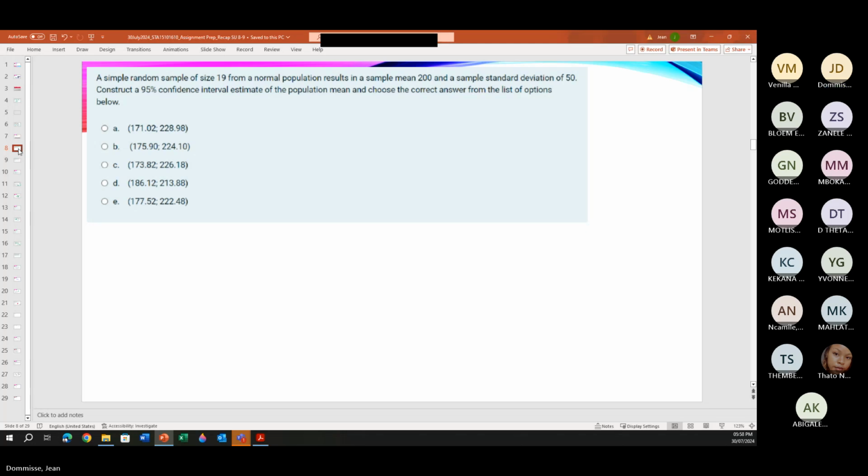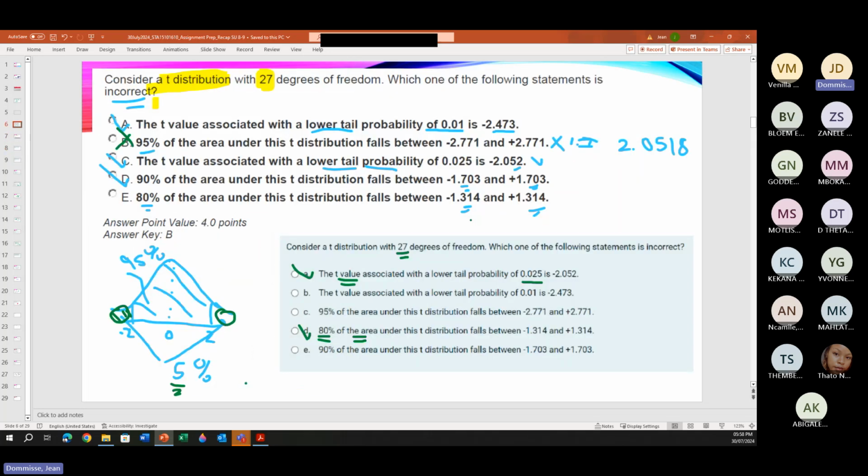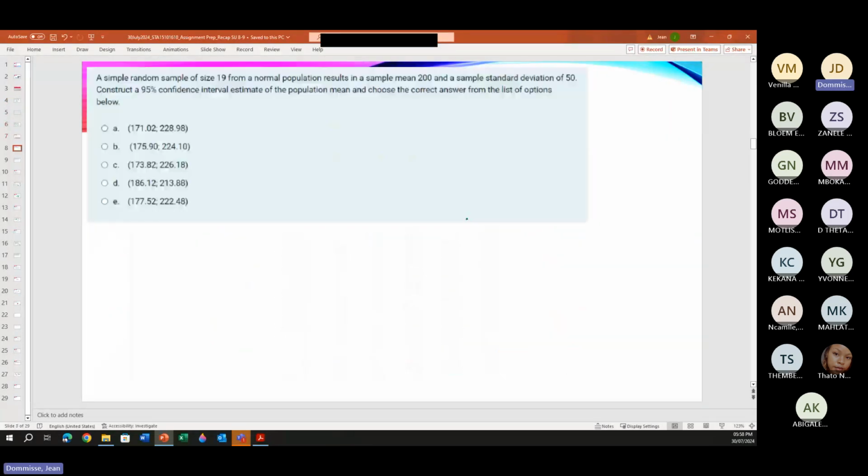Okay, so we follow the same process with a confidence interval. I think this was around question 4, if I'm not mistaken. So let's just read through it again. A simple random sample of size 19 from a normal population results in a sample mean and sample standard deviation.